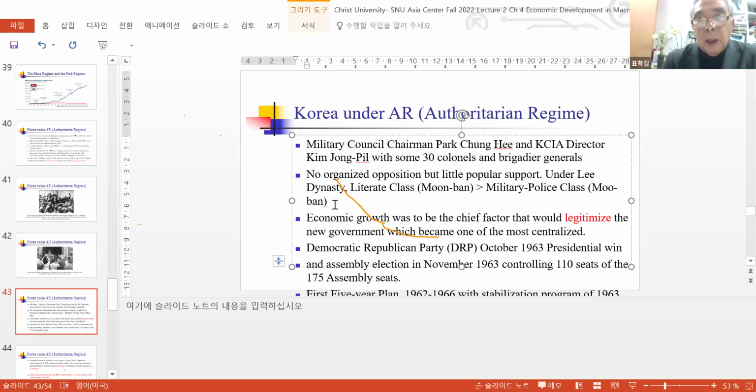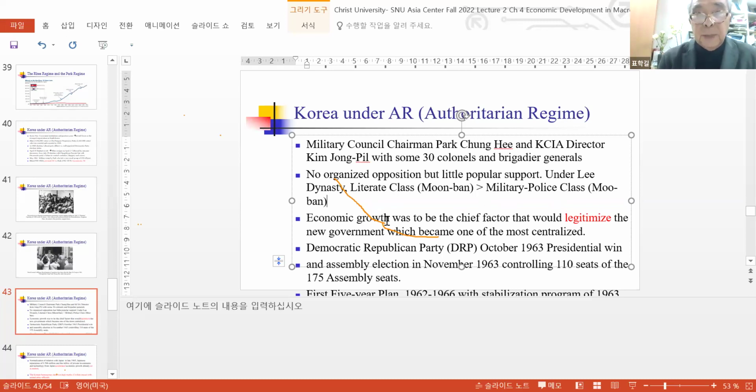So how could they legitimize the new government? Okay, we had to mobilize military forces to grasp power. How to justify? They felt that because economic condition was so bad, they could only legitimize their new government if and only if they could achieve economic growth.